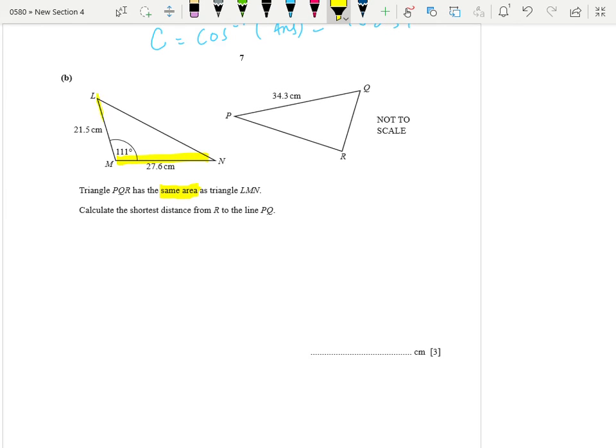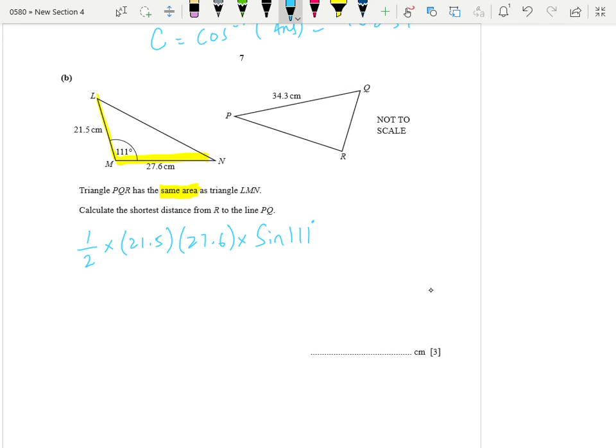The same concept that I discussed just now in the previous part, that the two legs of the angle are provided, makes it very easy to apply the cosine rule as well as the formula for area of a triangle, that is 1 upon 2 times 21.5 multiplied by 27.6 multiplied by sine of 111.